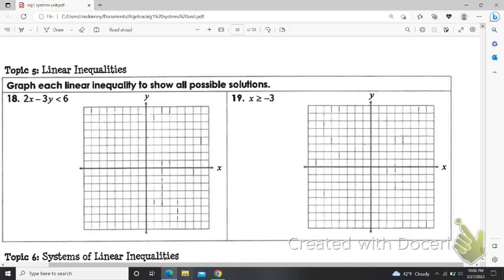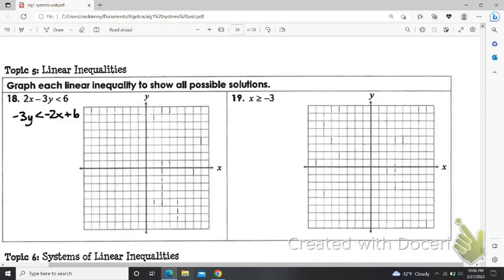Alright, so very much like what we just did, we need to get the equation in slope-intercept form first. It's especially important with these inequalities to get it in slope-intercept form because it's easiest to tell which way to shade. If you know y is greater, then y is greater means it's going up.